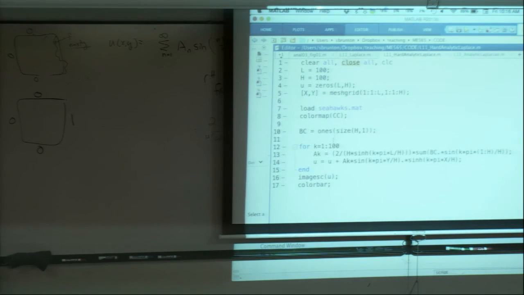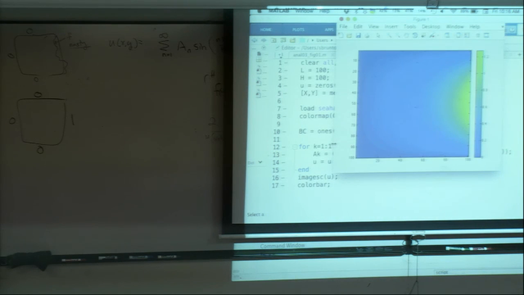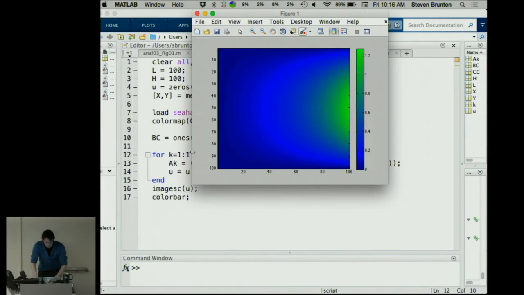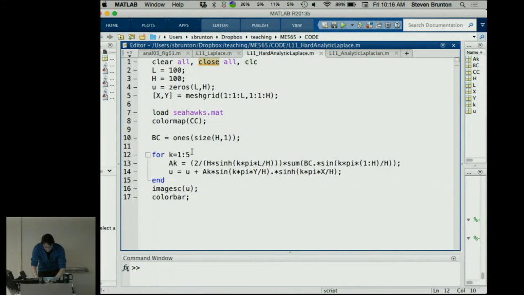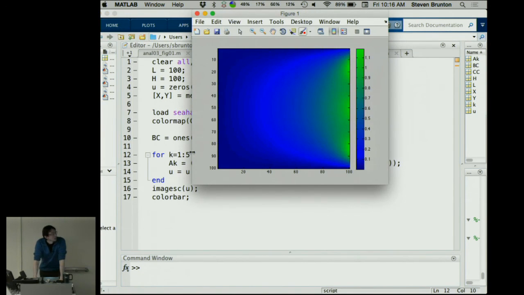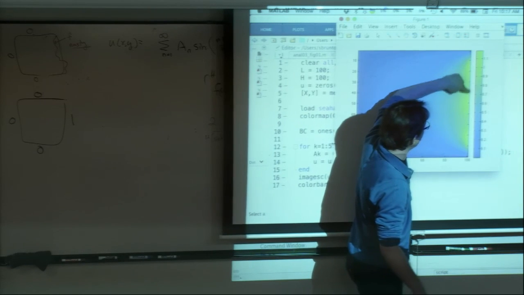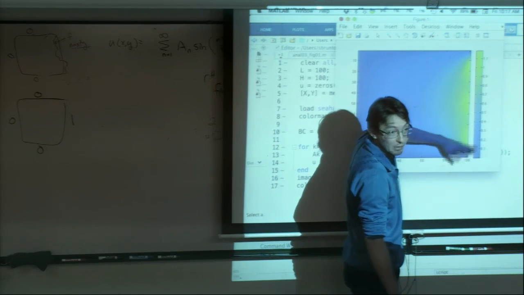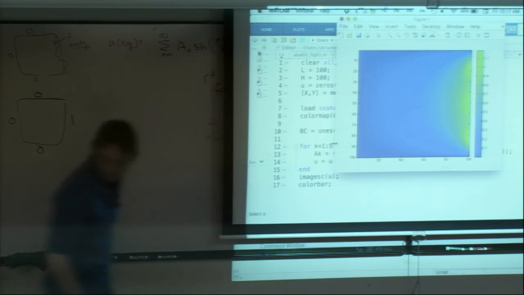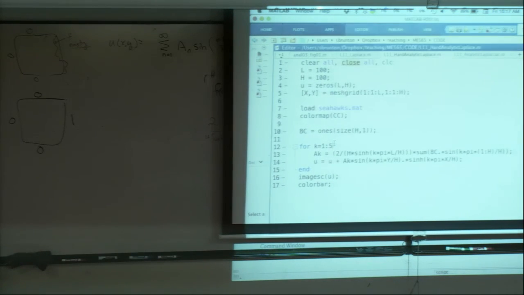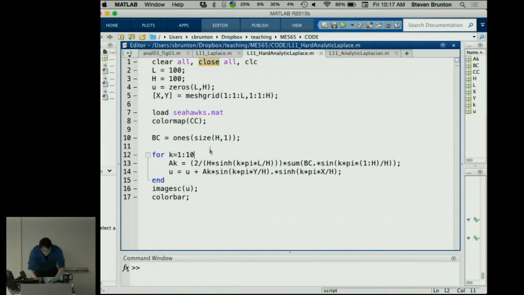So let's see what happens if I just have the first mode. Not terrible. What about the first 5 modes? Interesting. I wish you could see this a little clearer. It gets bright, then dim, then bright, then dim, then bright. It's beating. Weird. Let's try the first 10 modes.